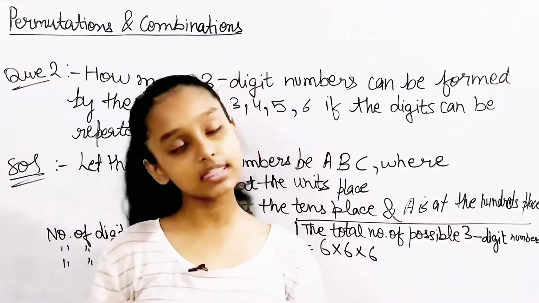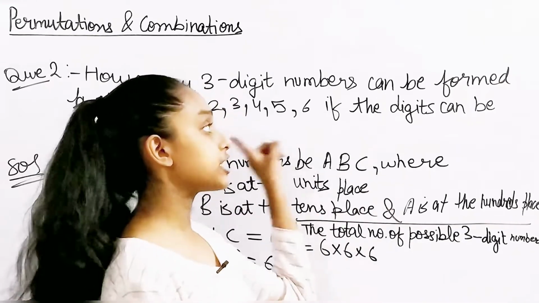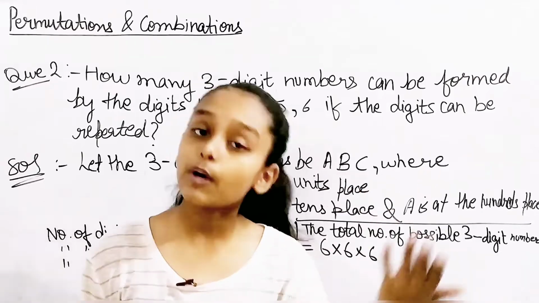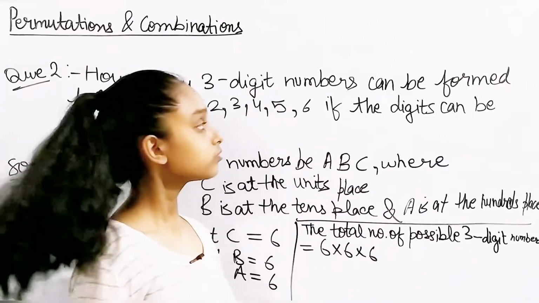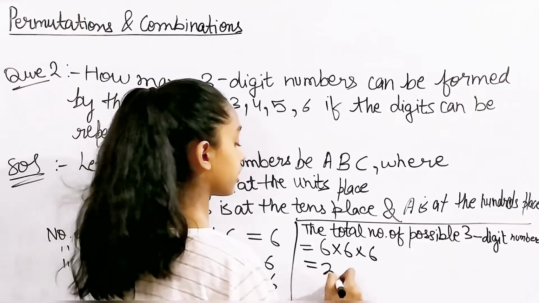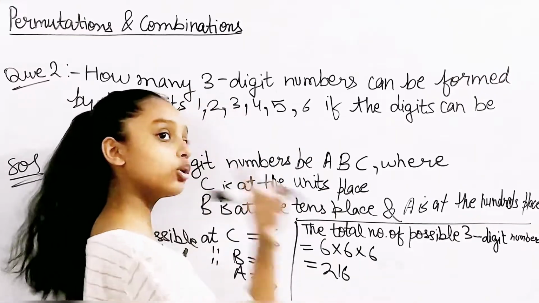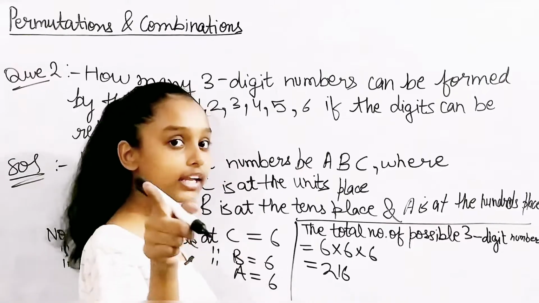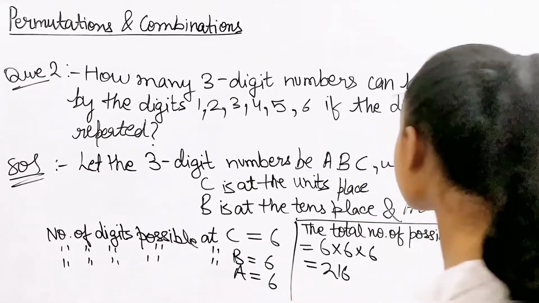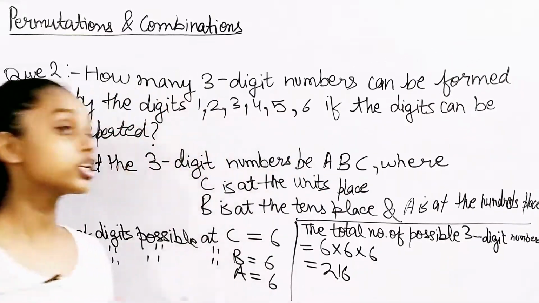But the main thing here is that repetition is allowed, so that's why we're using the multiplication principle. So 6 into 6 into 6, which will be 216. 6 cubed is equal to 216, right? So this is our answer. The total number of possible three-digit numbers is 216.